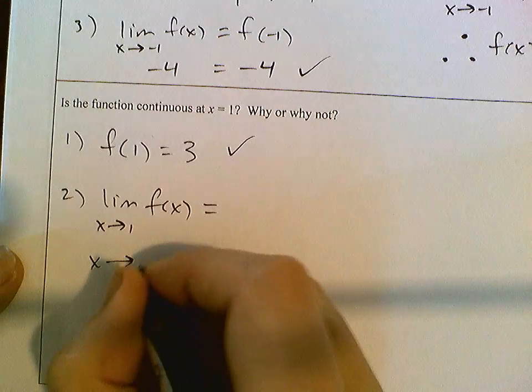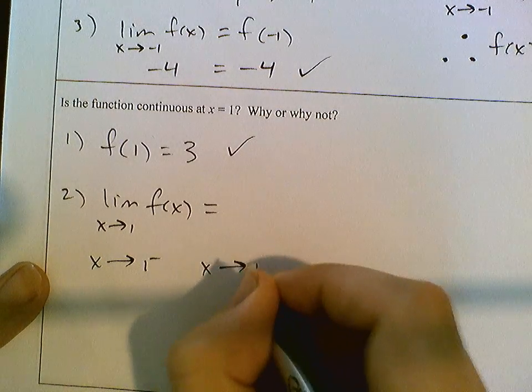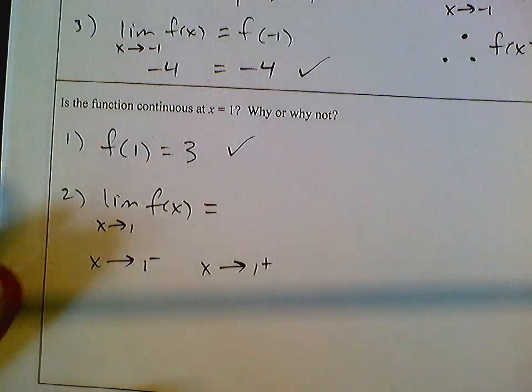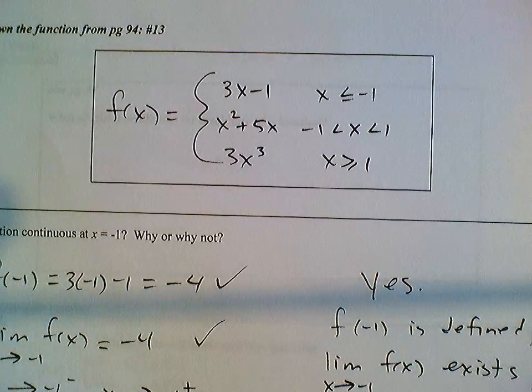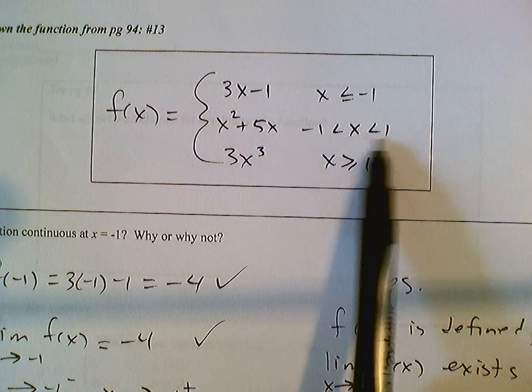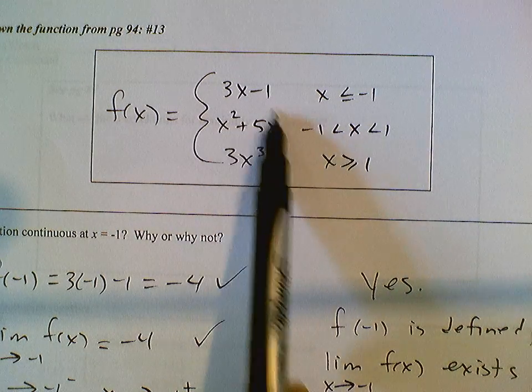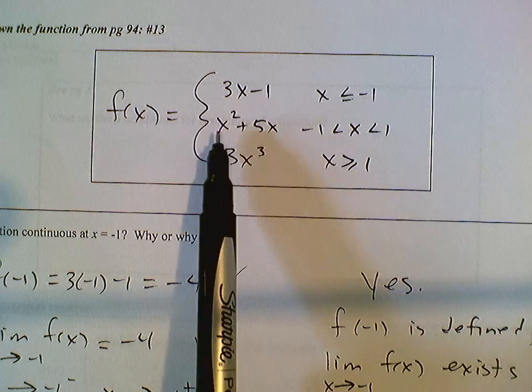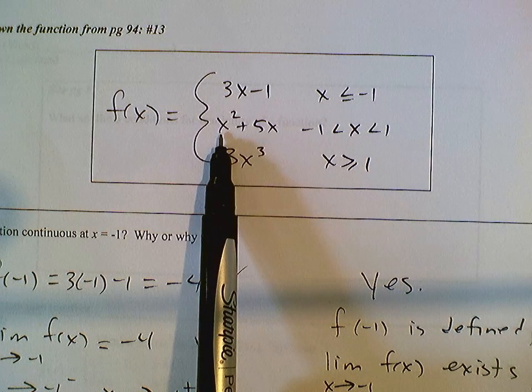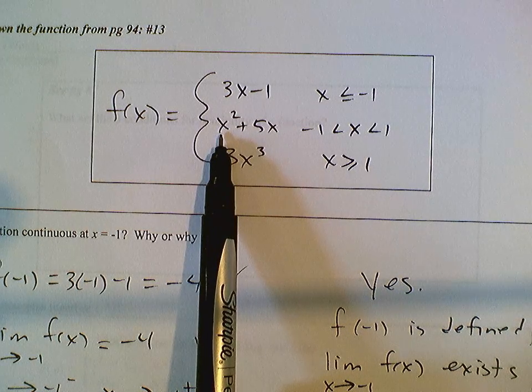So x equals 1 from the left, x equals 1 from the right. X equals 1 from the left, we're going to be in this interval here, so we're using this piece. As x is approaching 1, this is approaching, am I right? Yeah, I'm right.